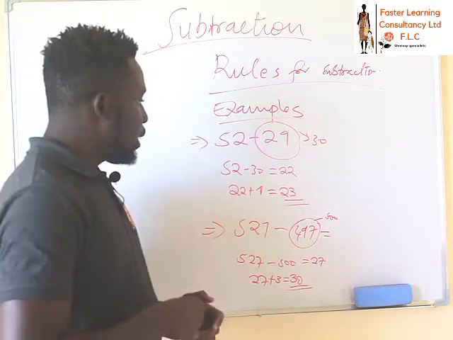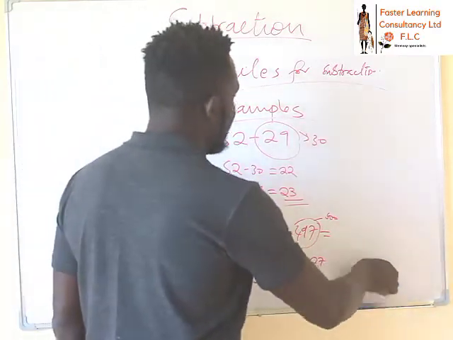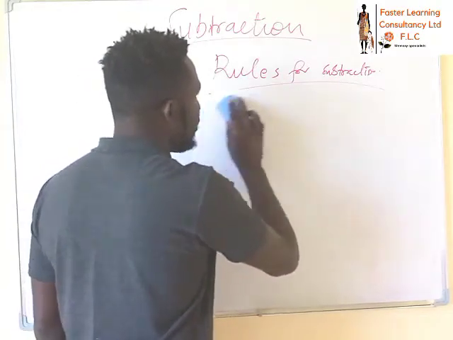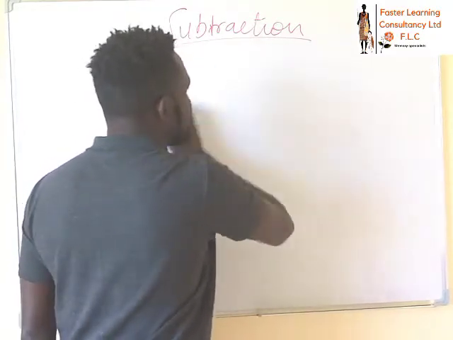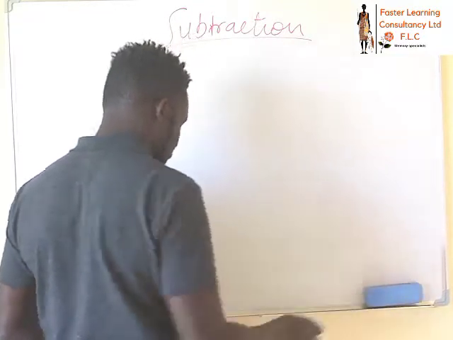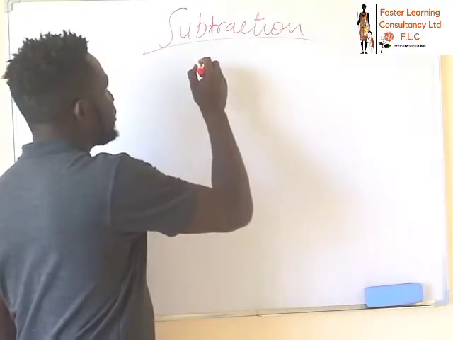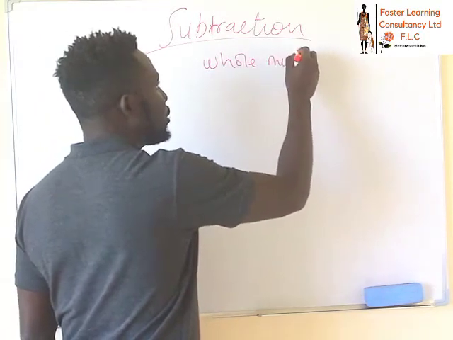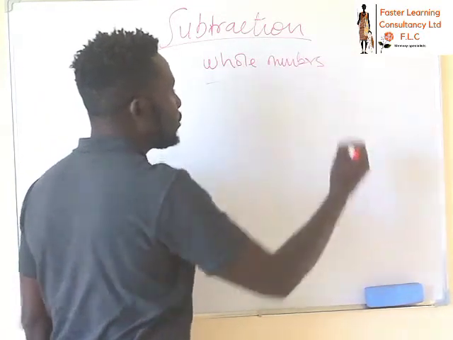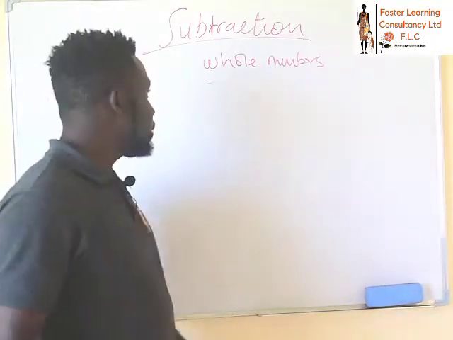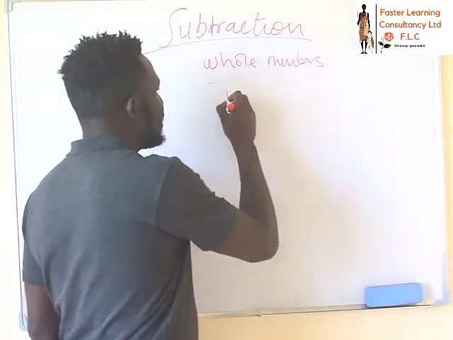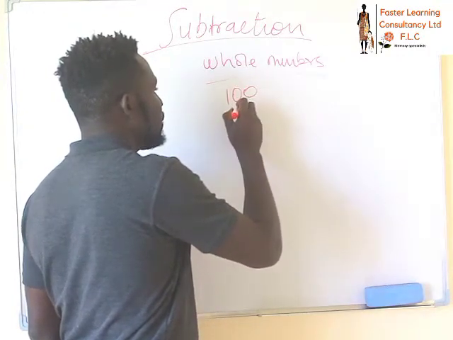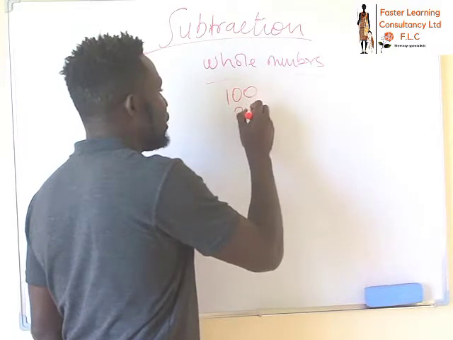Okay? So, I have another way of explaining, mostly for subtracting whole numbers. Suppose you have 100, and you are supposed to subtract 23 from it.